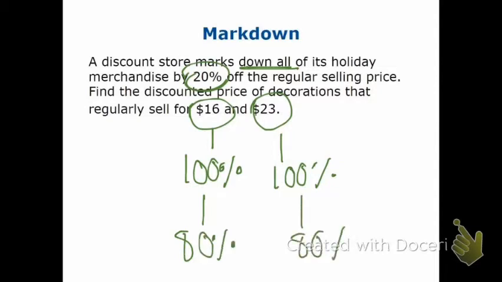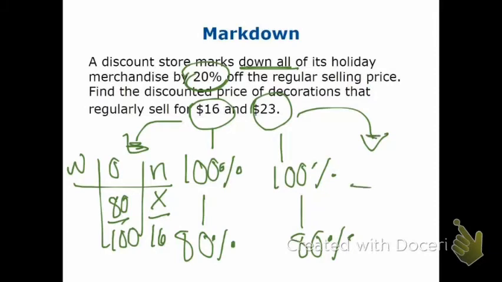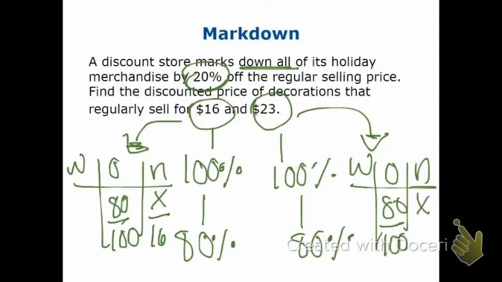So we can solve these two ways. We can set up a percent proportion to find out what 80% of the price is. This is the first one, and the second proportion would look like this: 80 over 100 is x over 23. And we can solve both of those proportions by using cross products.